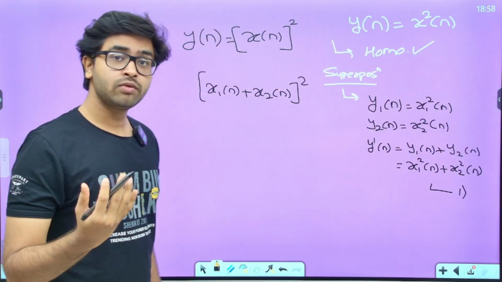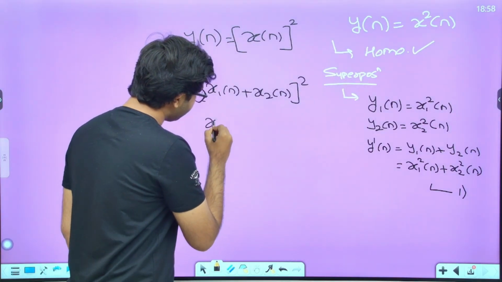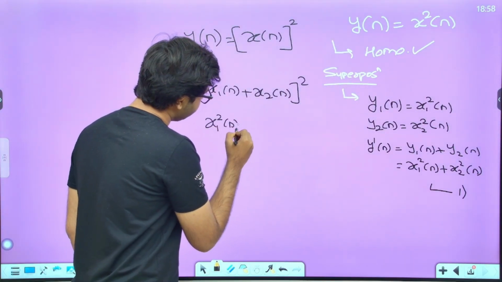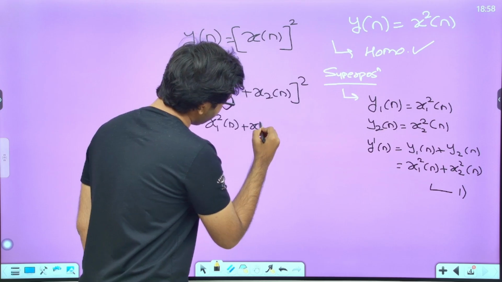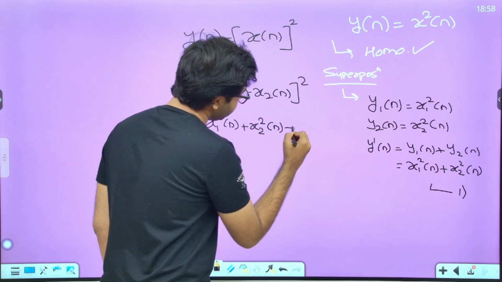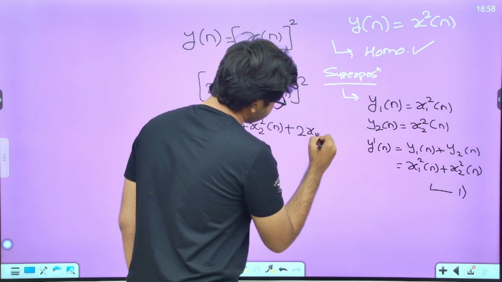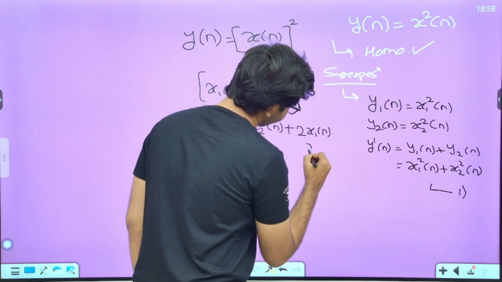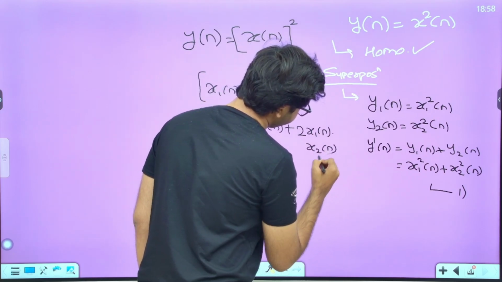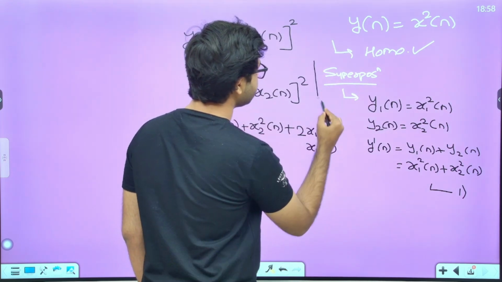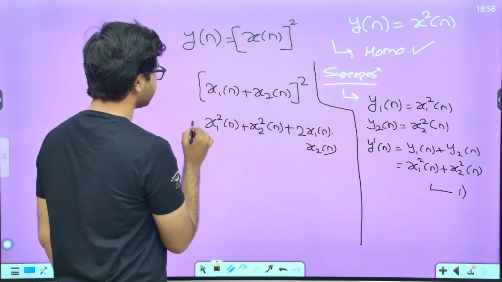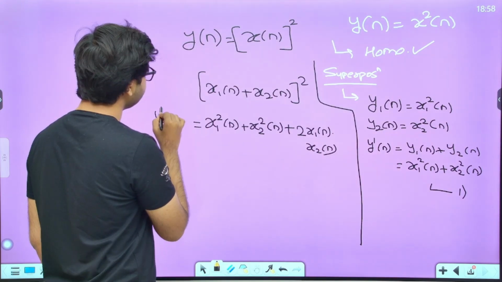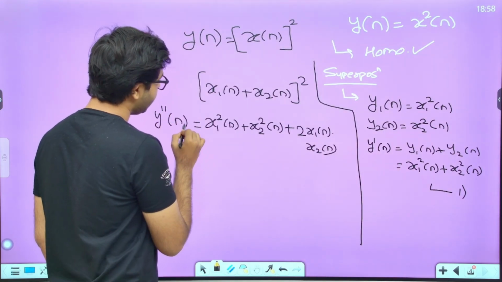And what is the expansion of (a plus b) whole square? That's x1 square of n plus x2 square of n plus 2 x1 of n into x2 of n. I hope it's clear that this is the expansion.